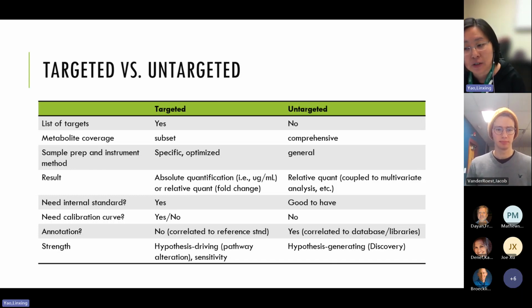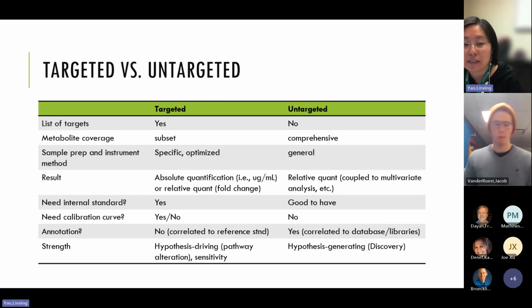Targeted analysis can do both absolute and relative quantification. In order to obtain absolute quantification, you would need to use internal standards and a calibration curve. And there is also a growing trend to use internal standards in untargeted analysis to improve the data quality.